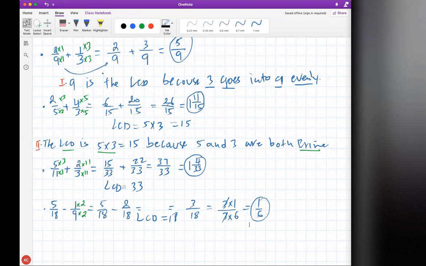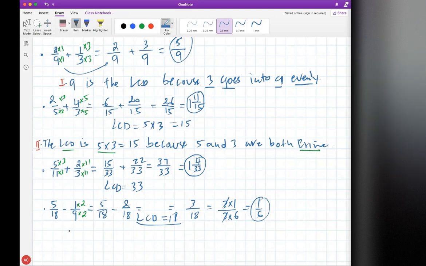Okay, any questions here, everybody, about this? The number 2, where does it come from? Here it says 1 times 2. So because the LCD is 18, we want to turn both these fractions into new fractions, both with the same denominator.